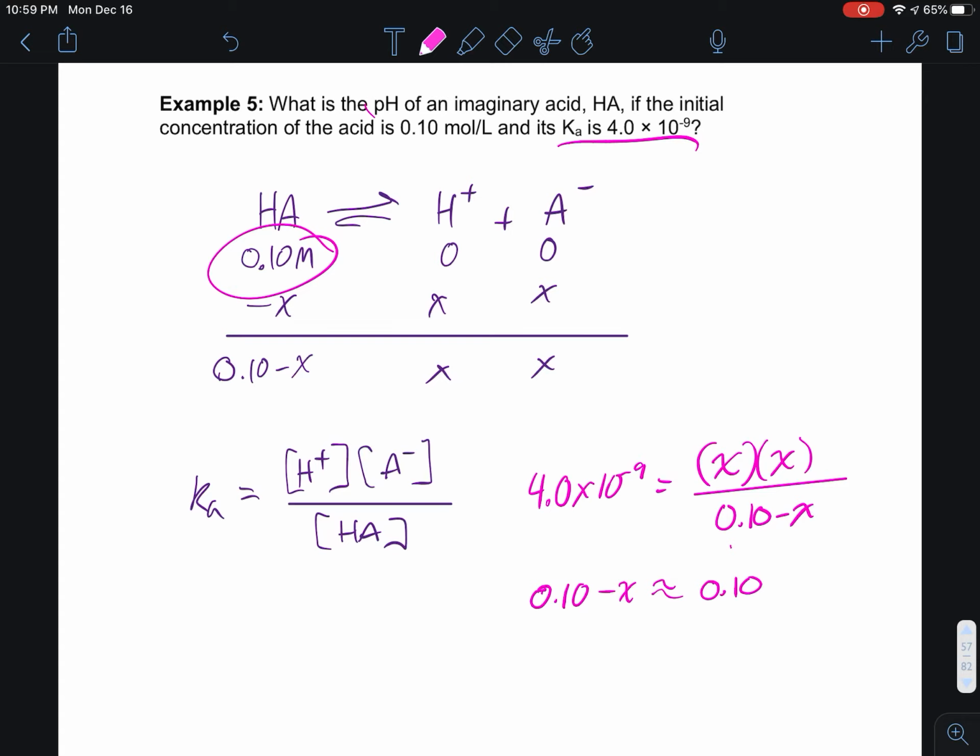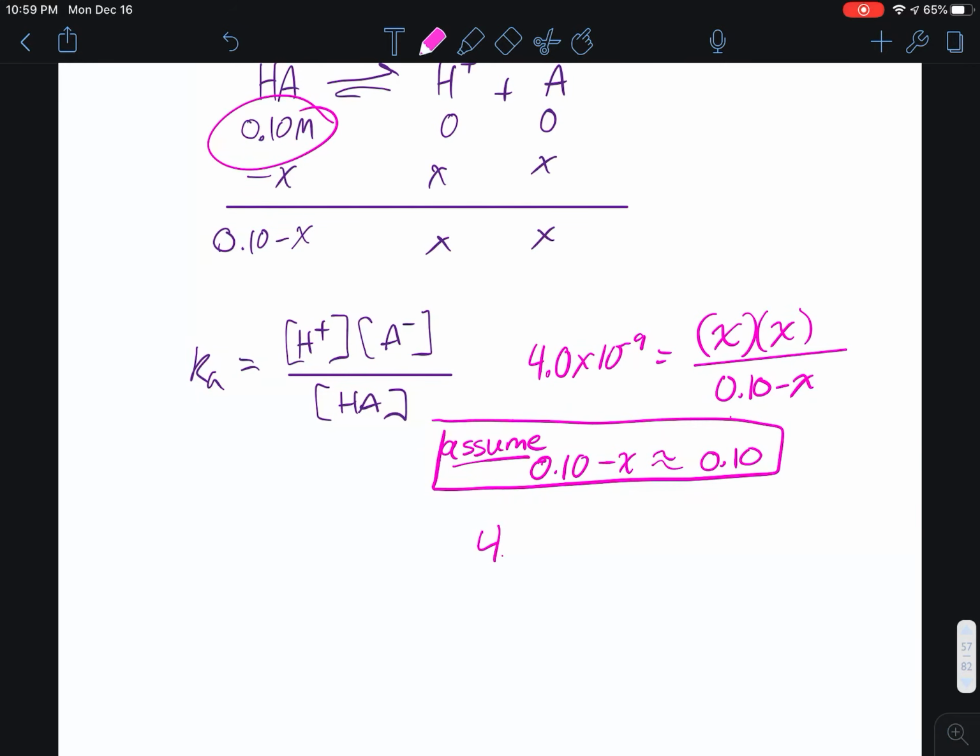0.10 minus x is going to be equivalent to 0.10. So anytime you're doing an equation or a reaction like this, you can write assumptions at any point. So I'm going to write a little assume, and then I'm going to rewrite. So 4.0 times 10 to the negative 9 equals, I'm going to combine, x squared divided by 0.10.